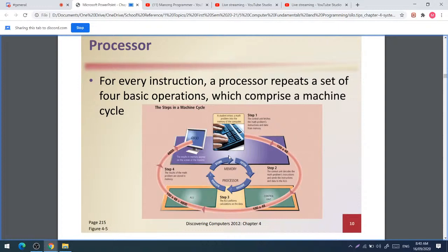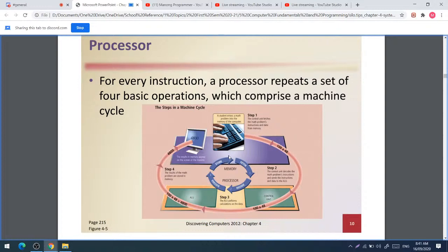Then, anong gagawin niya? Dadalhin niya po yan sa processor. And the processor, kasi po, sir, bakit kailangan ng decode? Yung instruction po kasi natin na yon, it is usually binary. Binary or bits or bytes. Zeros and ones lang po yun.